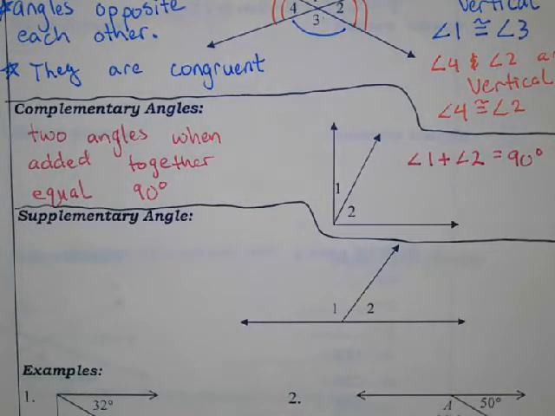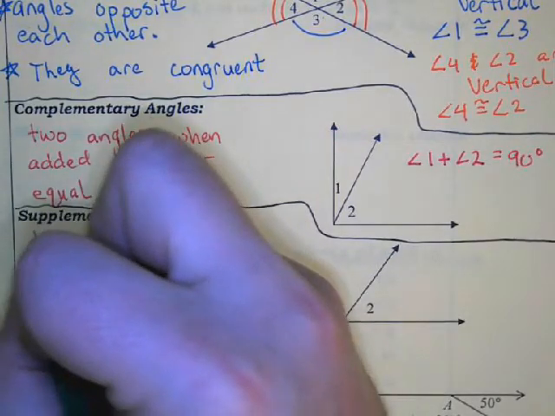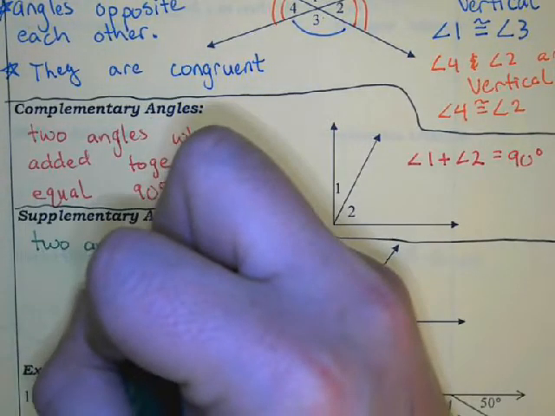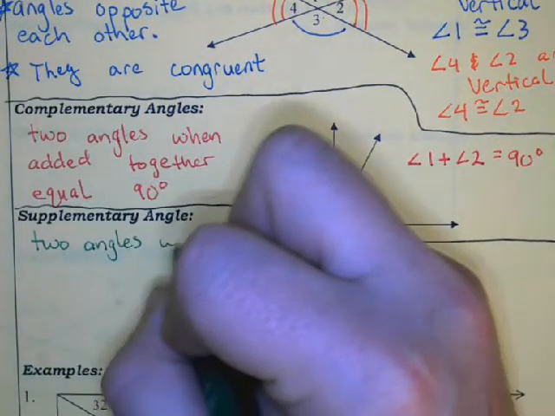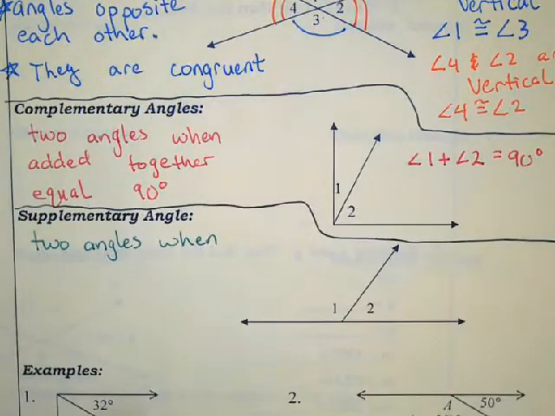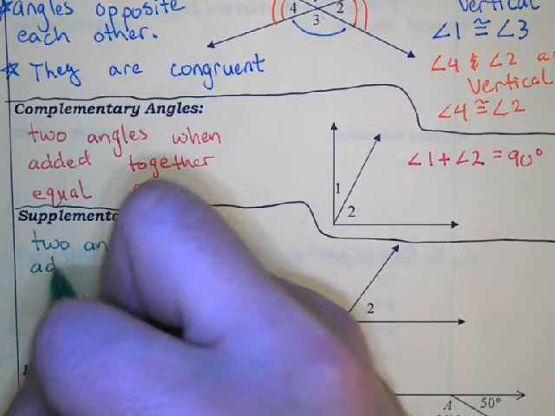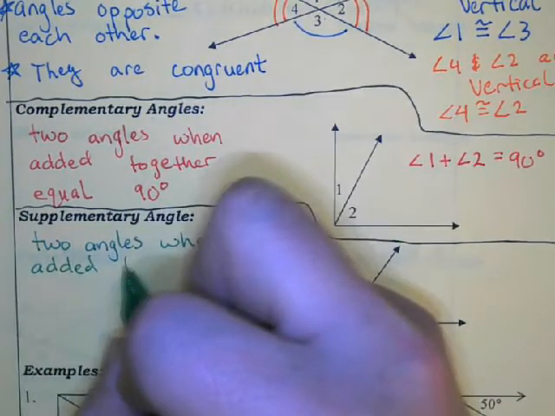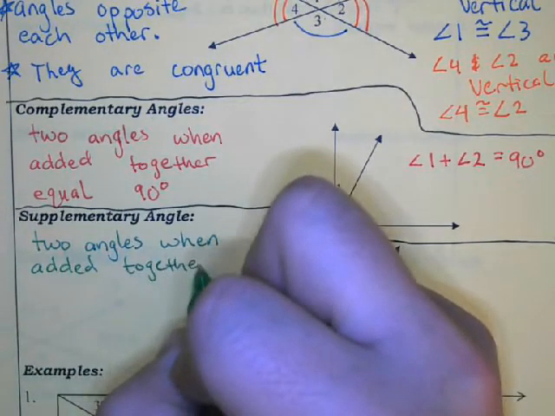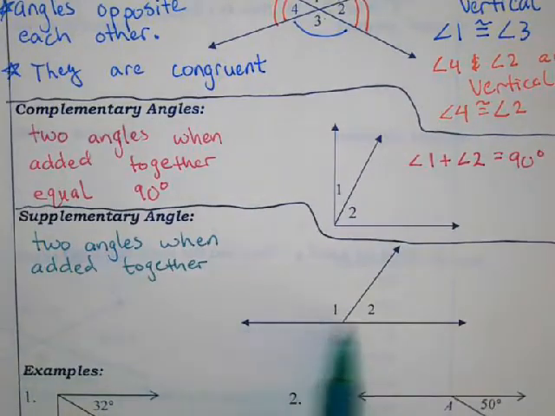Supplementary angles will be two angles, and it's the same idea, two angles when added together, and if they're forming this straight angle right here, if I add angle 1 and angle 2 together, what will they equal?